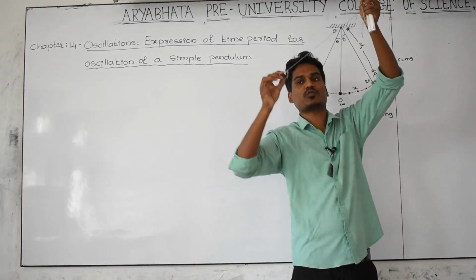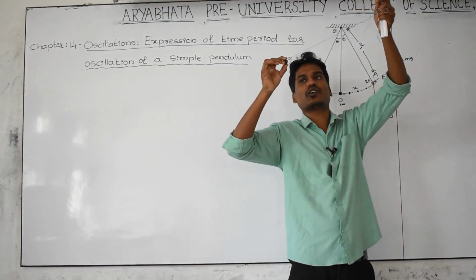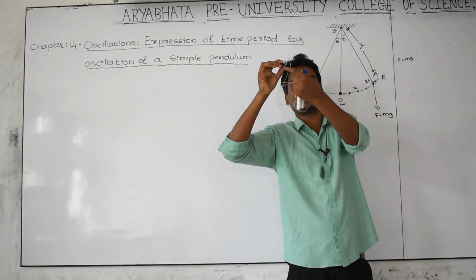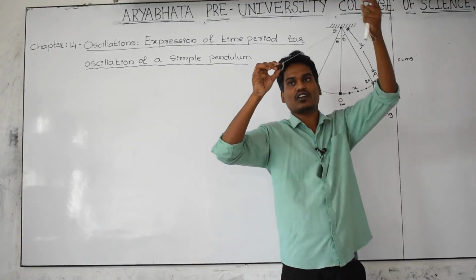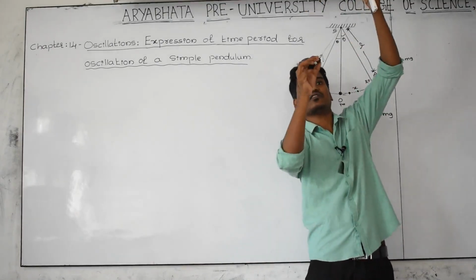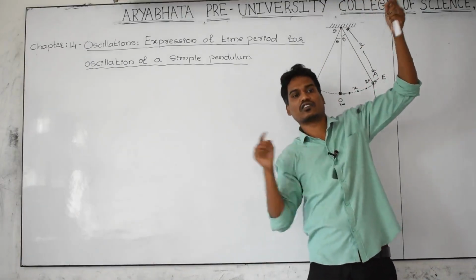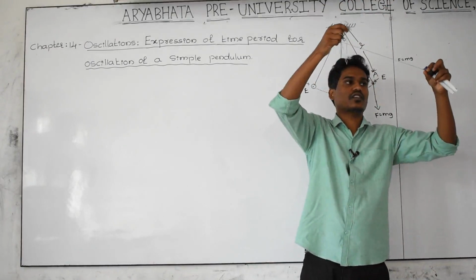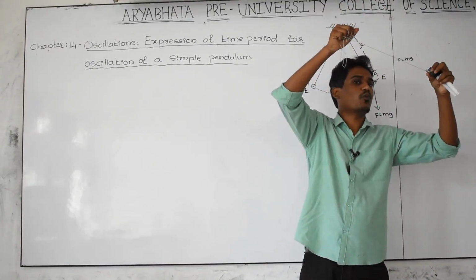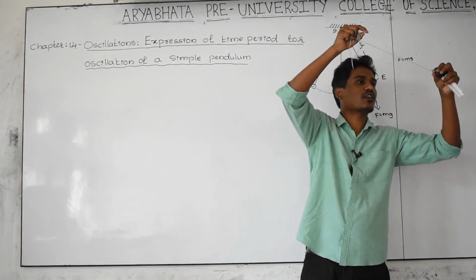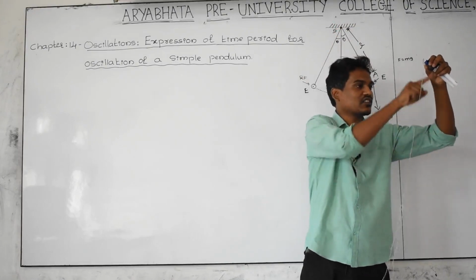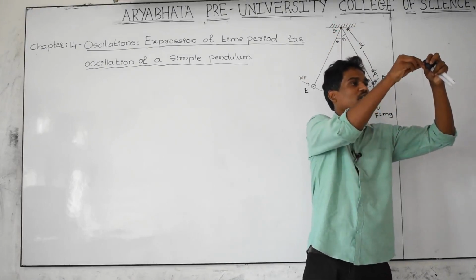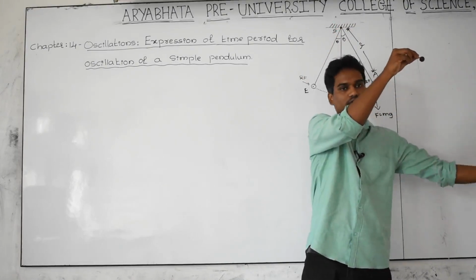When the body is at this point, the force acting on the body by the earth is exactly downward, not in this direction. You please remember, when the body is at this point, the force acting on the body by the earth is in the downward direction.